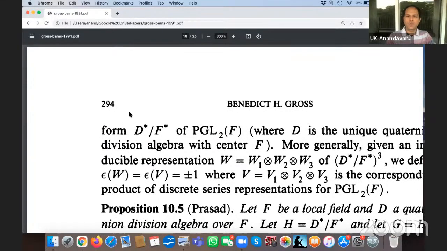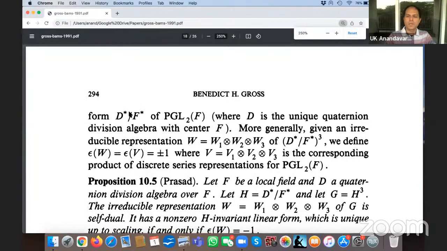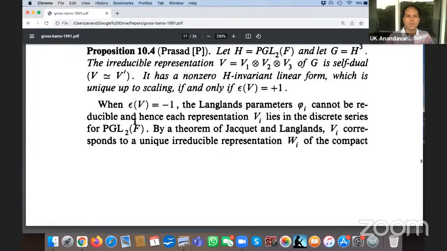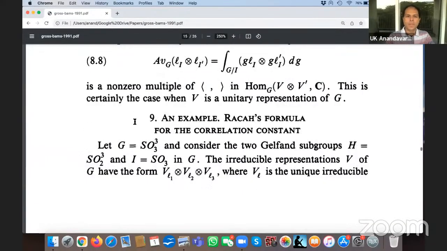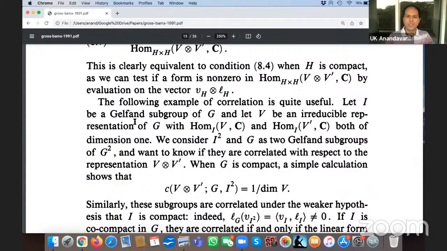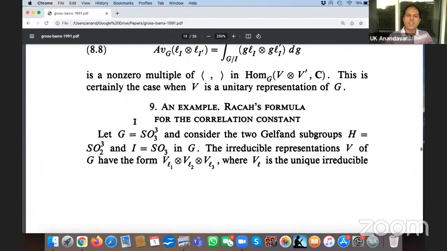You have to take the groups to be triple copies of SO3. I guess when I share, my screen is a bit slower. So he defines a correlation coefficient in section 8 and section 9 is what is called Racah's formula.